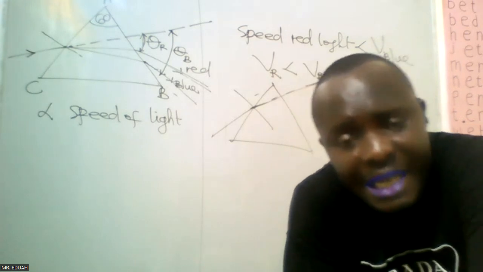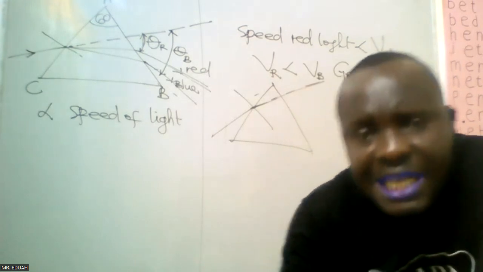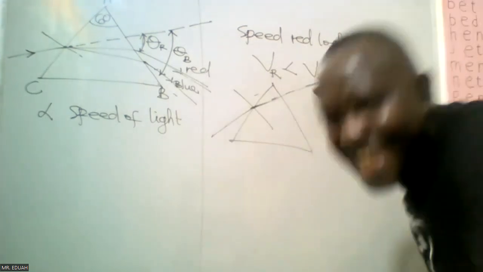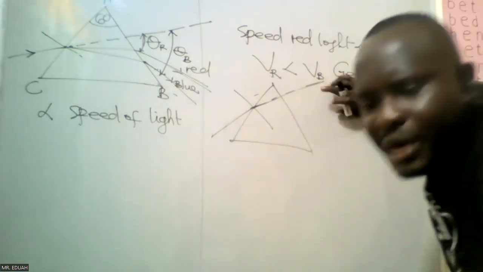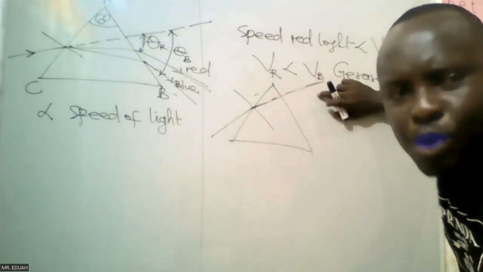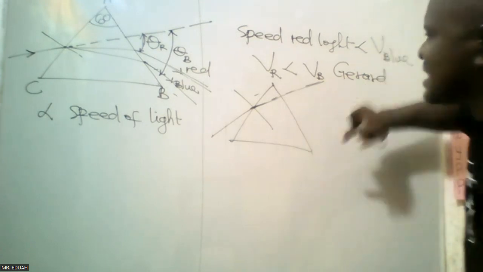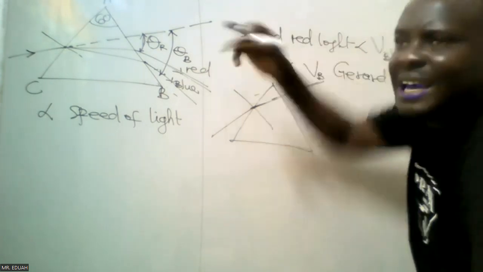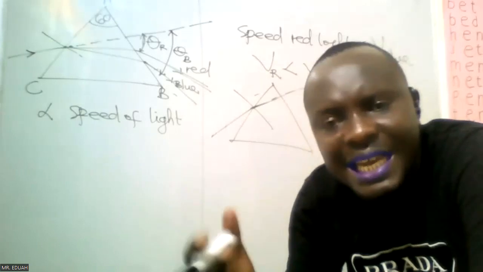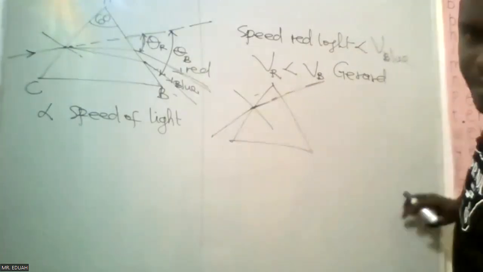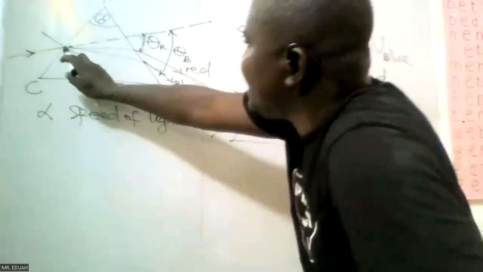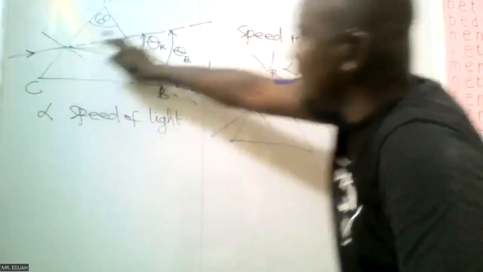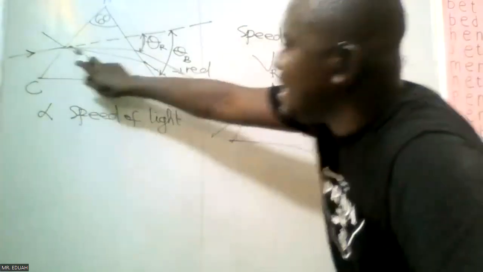So, Gerard and the class, for time's sake, the speed of light of the red light is greater than the speed of light of the blue. The reason is that red is less deviated compared to blue. If there hadn't been any deviation in their path, the speed is the same.